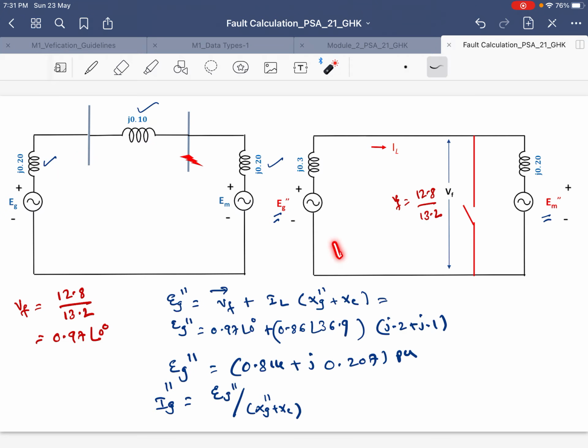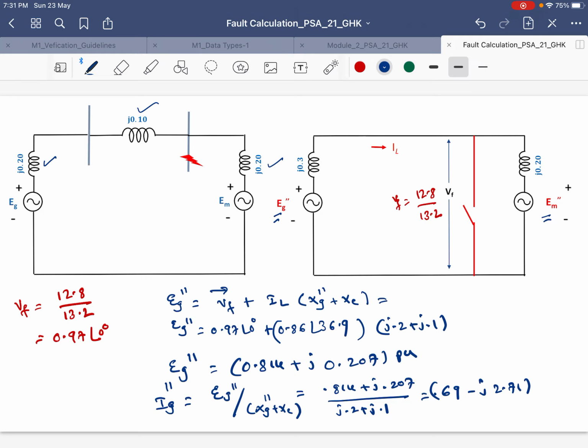If a fault occurs, this is the fault current Ig'', the voltage is Eg'' and the reactance is j0.3. Therefore, Eg'' is 0.814 plus j0.207 divided by j0.2 plus j0.1. Just divide, and you get Ig'' as 0.69 minus j2.71 per unit.